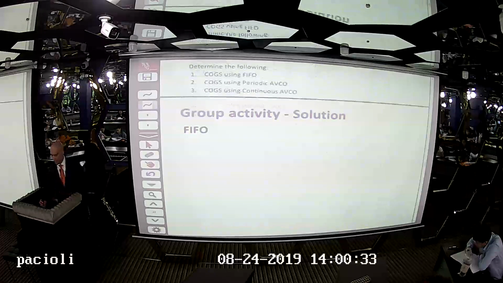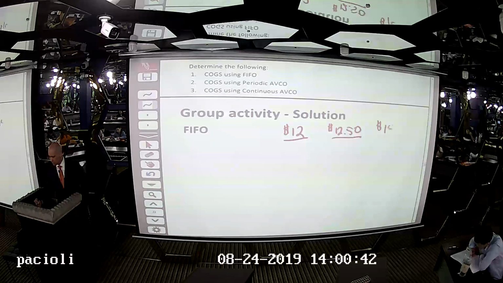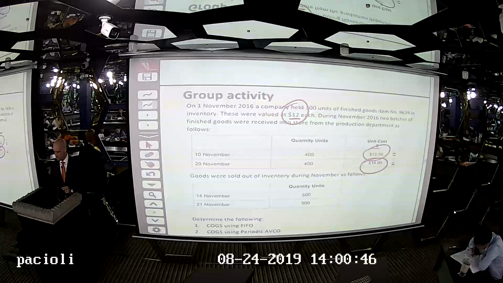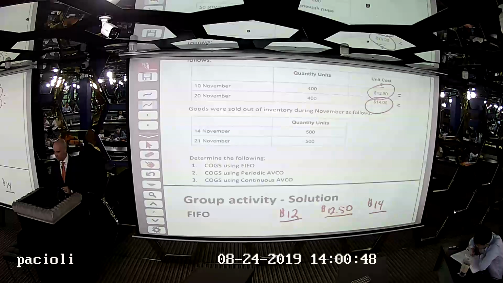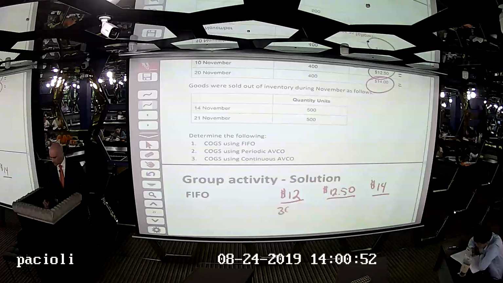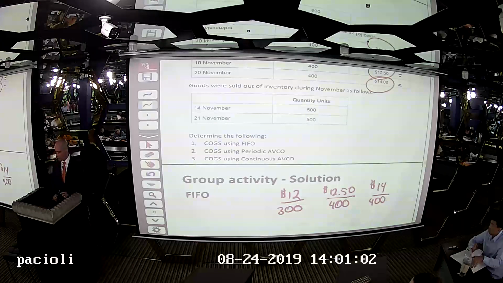So we can put these in columns. Next, we want to know the units. The $12 inventory, we opened with 300 units. $12.50, we bought 400 units, and the $14 inventory we purchased another 400.